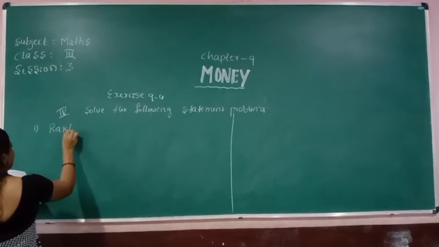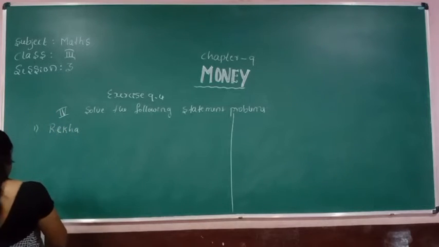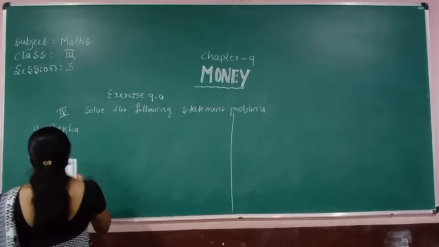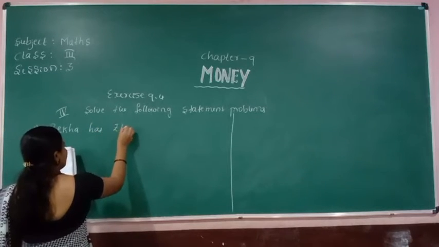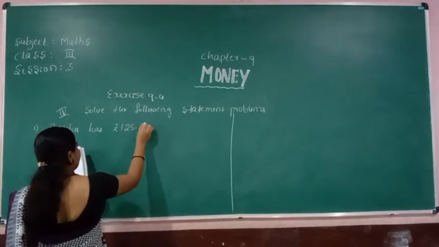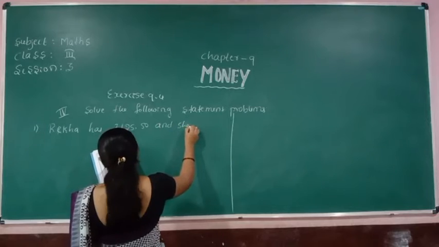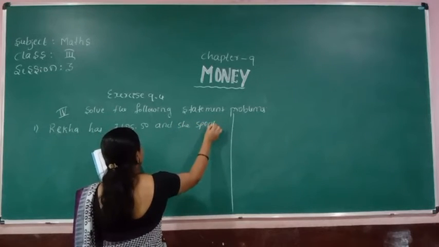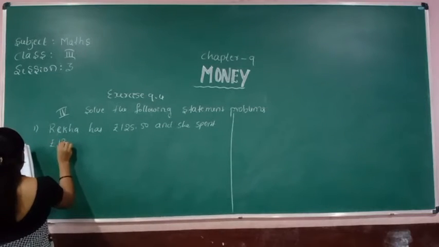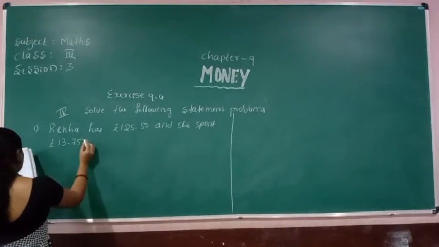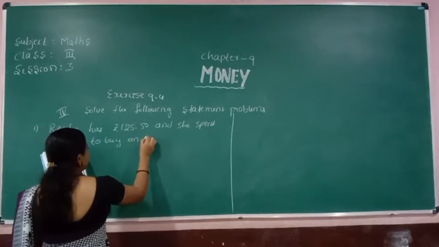Rekha has rupees 125 50 paise, and she spent rupees 13.75 paise to buy an ice cream.